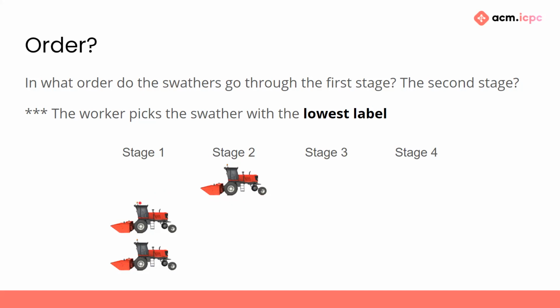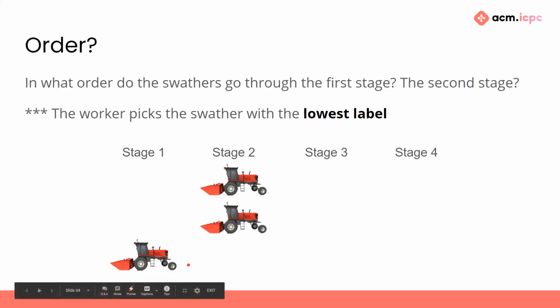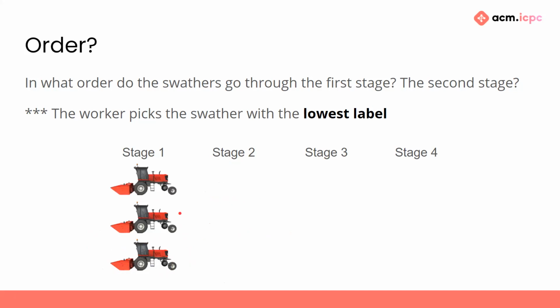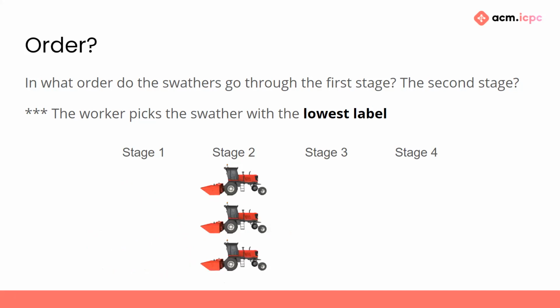After that, he can pop that swather to stage 2 and then start working on the third swather. Notice that the swathers are being processed in the exact same order as they're numbered. Like right here, the first swather is processed, and then the second one, and then the third one.